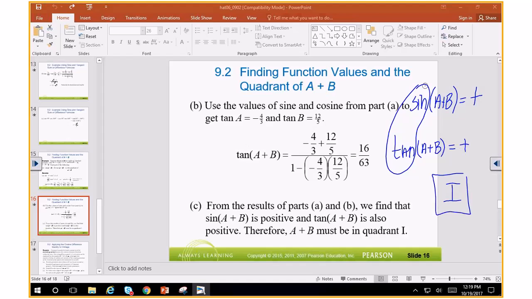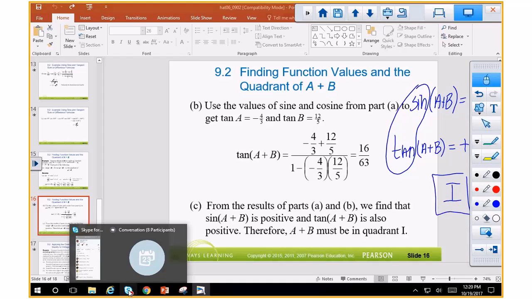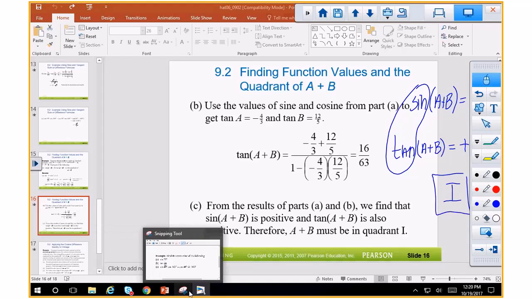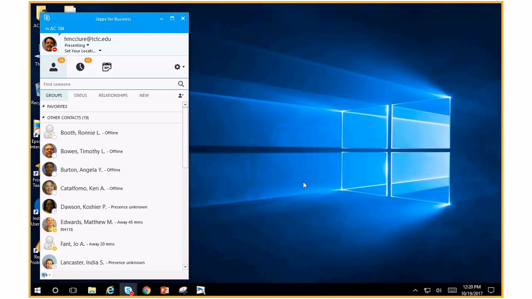Now, somebody have an outline with them? I know we do 9.2, but has anybody got an outline with them? Okay, right now, we're in 9.2.